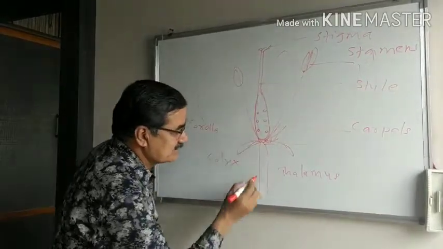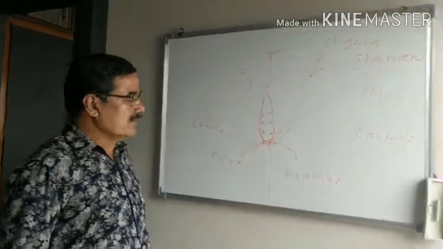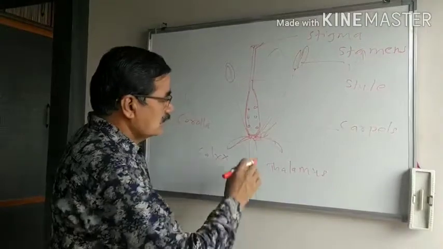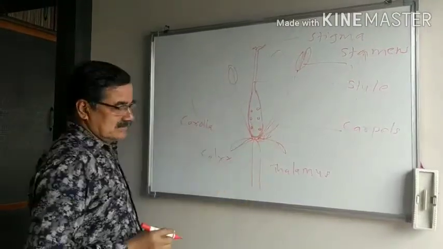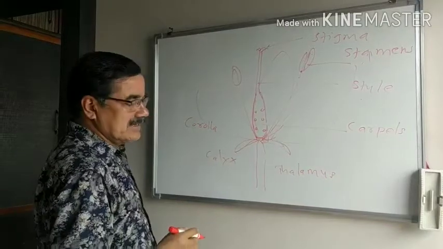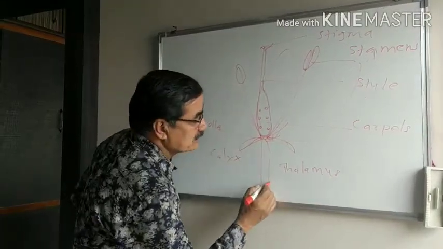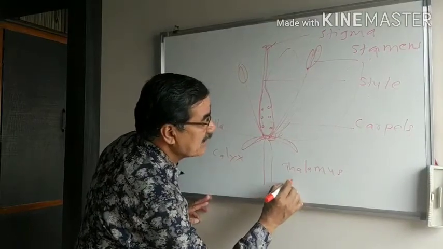At the base, there is some terminology in this flower. The thalamus, which is arising from this branch of the stem, axillary or terminal, is known as the pedicel.